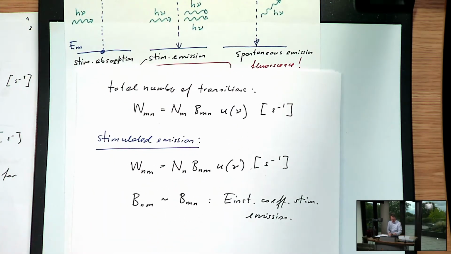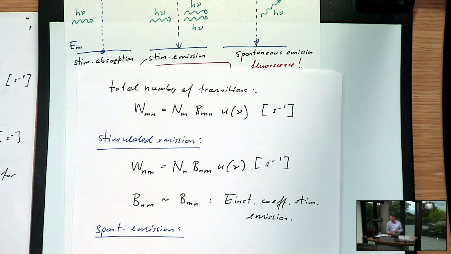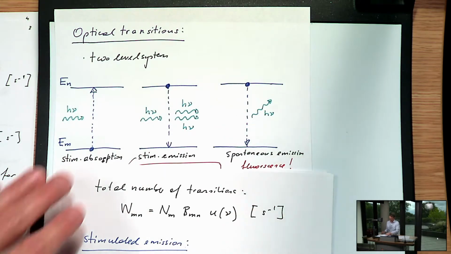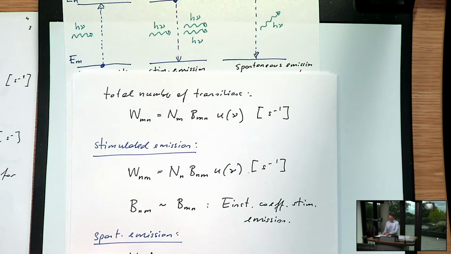So for spontaneous emission, we have an equation that looks like this. So here, the rate at which the population comes down is again the number of molecules in the upper state, multiplied by this coefficient A_nm, and again that's per second, and here A_nm is, not surprisingly, the Einstein coefficient for spontaneous emission.